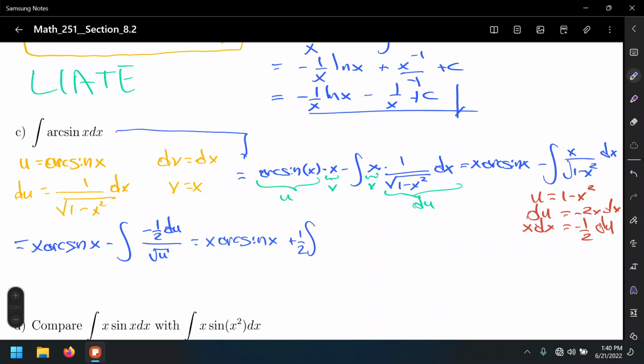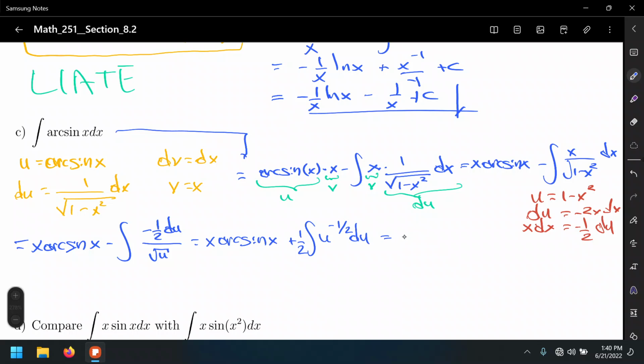And well, this radical u in the denominator, 1 over square root of u, is the same as 1 over u to the 1/2, which is u to the negative 1/2. Alright? Let me erase this work, okay? And well, the integral of u to the negative 1/2, add 1 to the exponent, and then divide by that new exponent. So negative 1/2 plus 1.